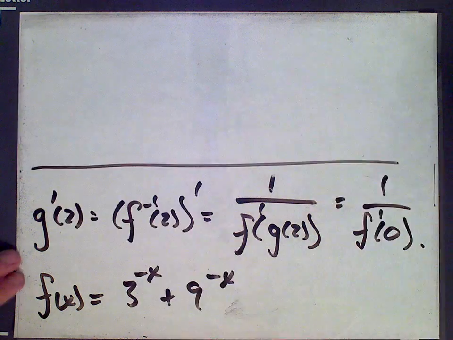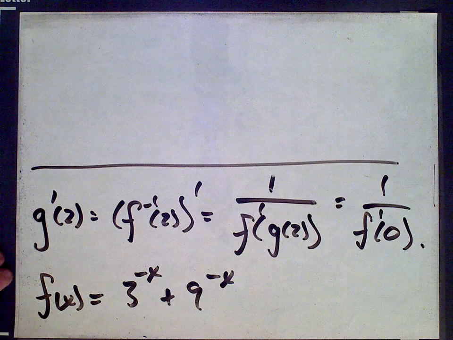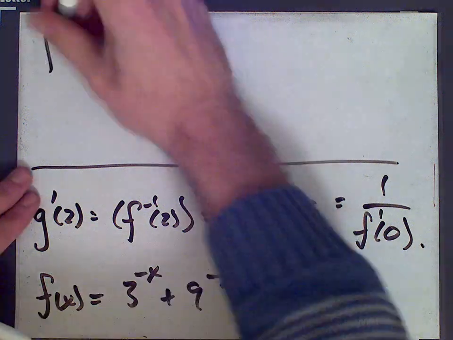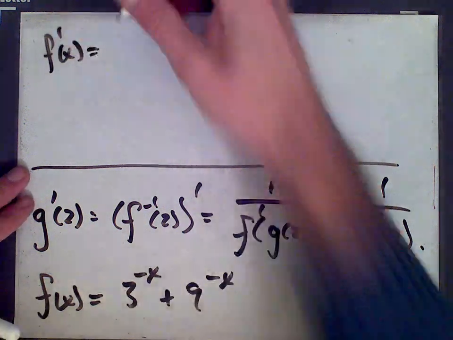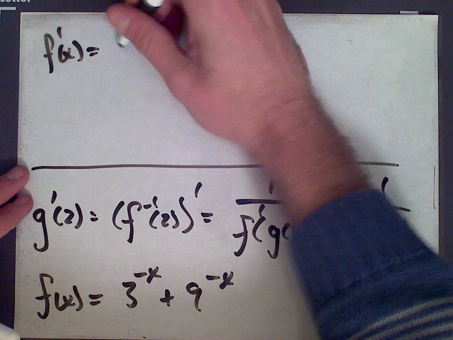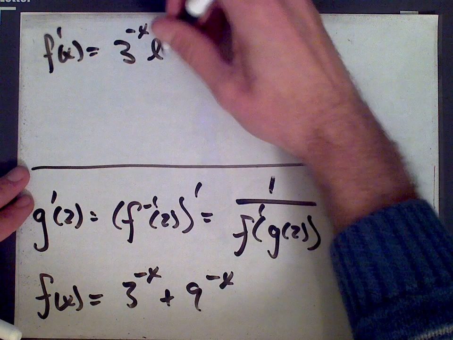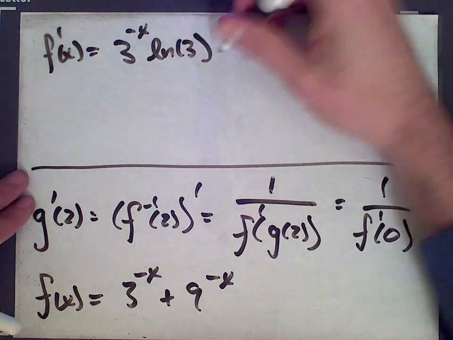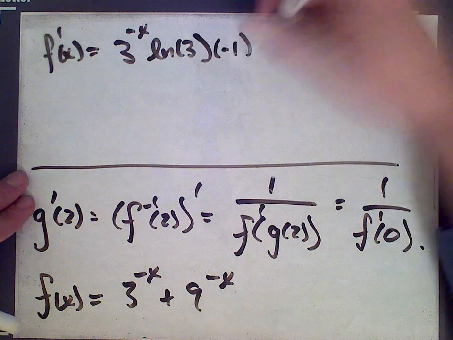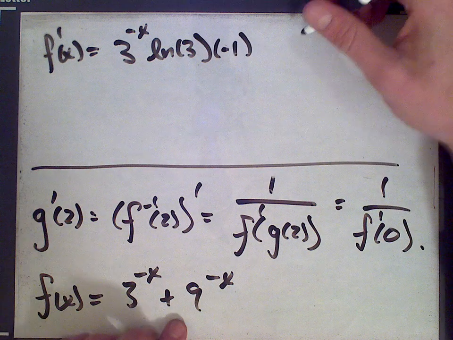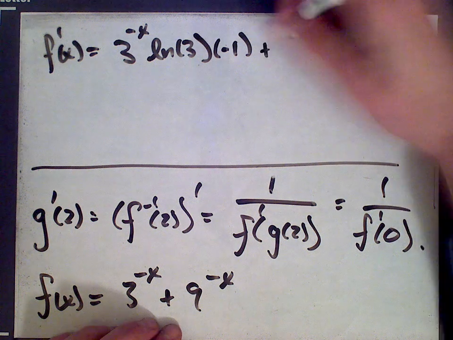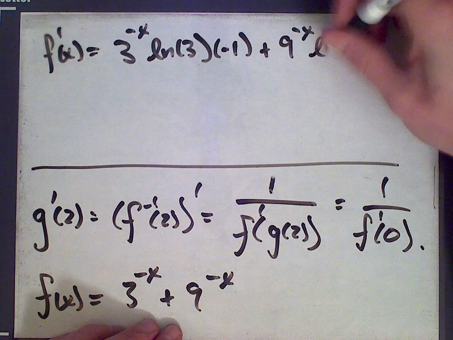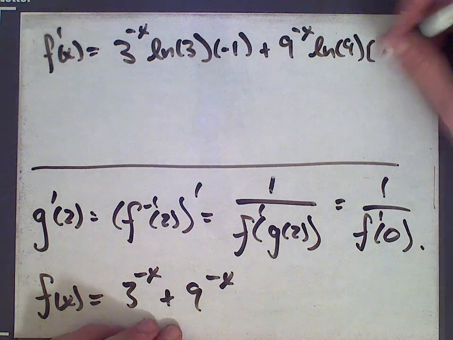We're going to use the derivative of an exponential. Again, a formula you'll need to remember. So we get 3 to the negative x times ln of 3. And then because we have negative x in the exponent, we need to multiply by its derivative, which is negative 1. And then the same thing for 9. So we get plus 9 to the negative x ln 9 times negative 1.